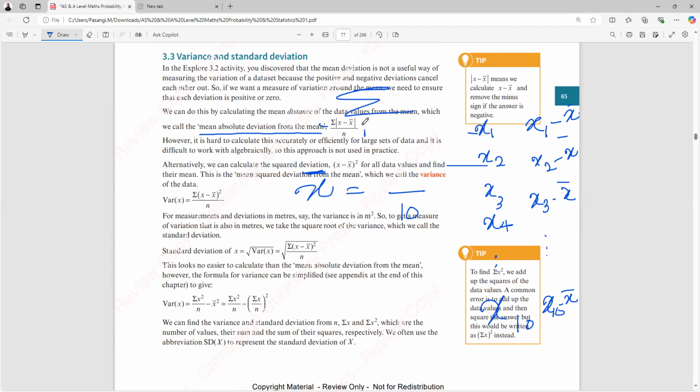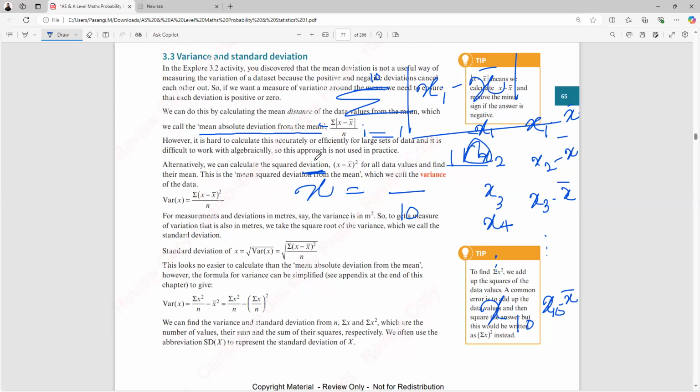With these notations, if I write it properly, sigma i equals 1 to 10, that means all these refer to all these data points. Then the absolute difference of xi minus x bar should be divided by the number of elements. That sign is modulus, right? Yes, that sign is modulus. However, it is hard to calculate this accurately or efficiently for large sets of data, and it is difficult to work with algebraically.